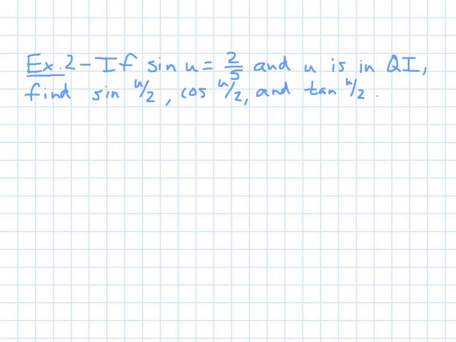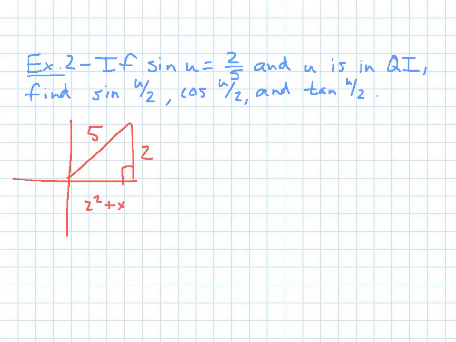Now let's try to do the same thing if you're trying to find the half angle identities for all your stuff. So you're given a ratio for sine, and this is for angle U. So your sine, you're in the first quadrant, so everything's positive, so opposite over hypotenuse.